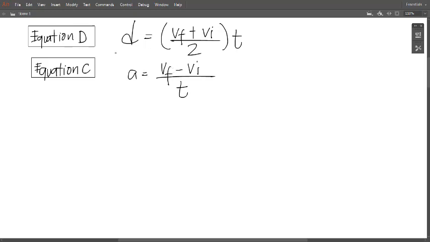Let us have this equation for D first. So from the equation D, which is this one.